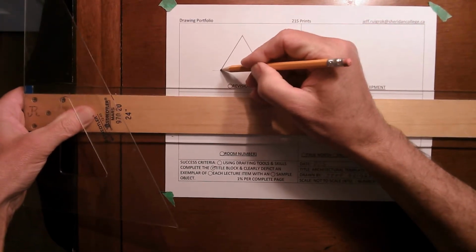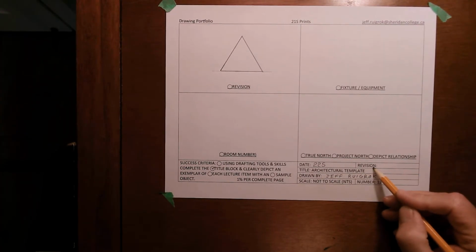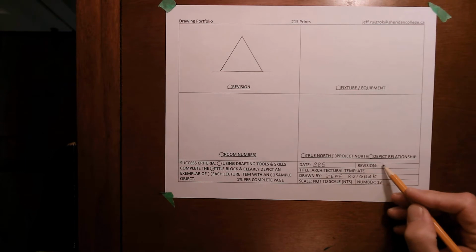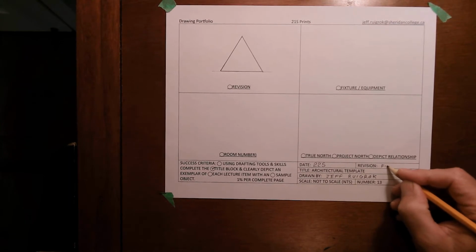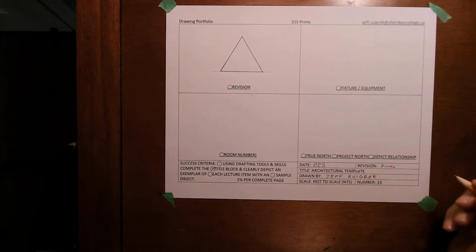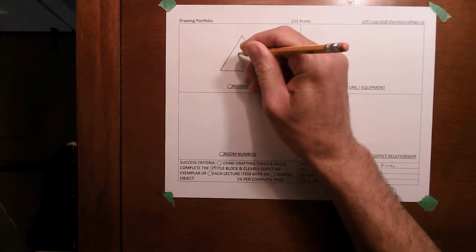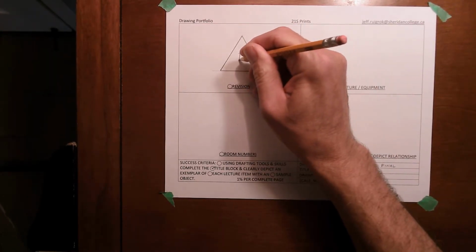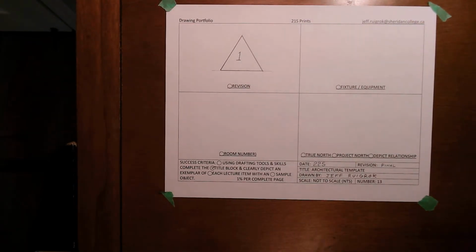So this is just a symbol showing when something's been revised. So if I had a rough draft of this, the revision might be number 1 or number 2. But in this case, it's just final. I'm not redoing this one. But in that space, you could just put revision number 1. Number 1, that's it.